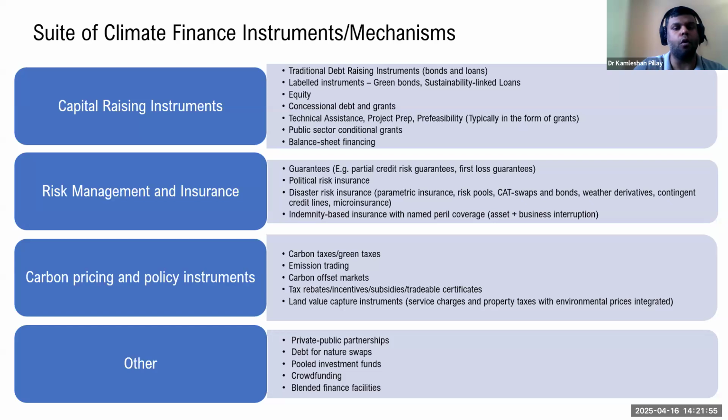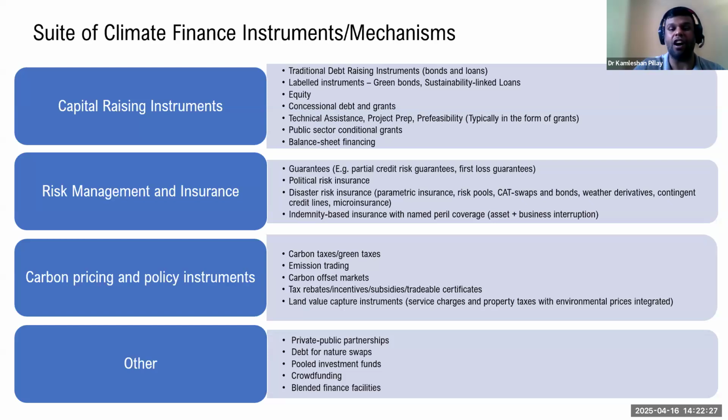And then we have more on the climate economic side, carbon pricing mechanisms. Of course, we have the carbon tax from the South African government, but you could also do things like emission trading, where you have a cap and trade system where entities have different caps of their emissions, and they can trade excess emissions that are available to other entities that are seeking to offset their emission targets.